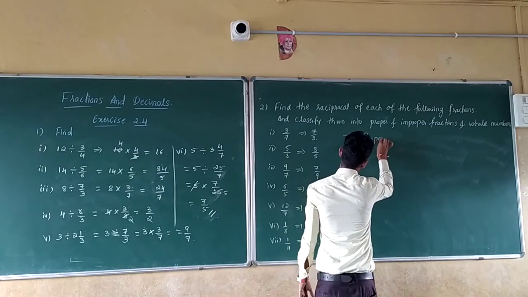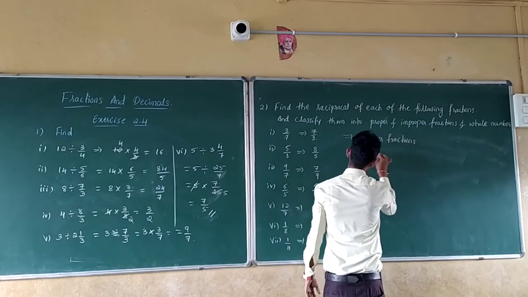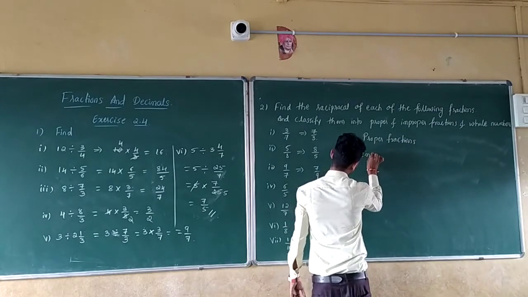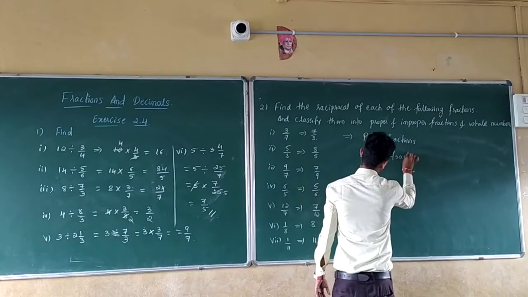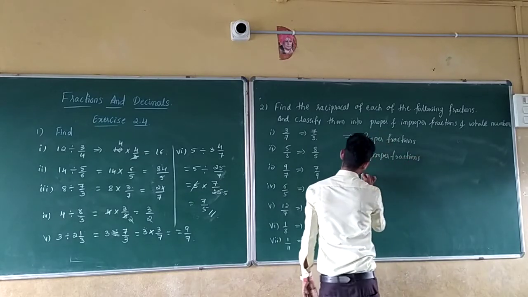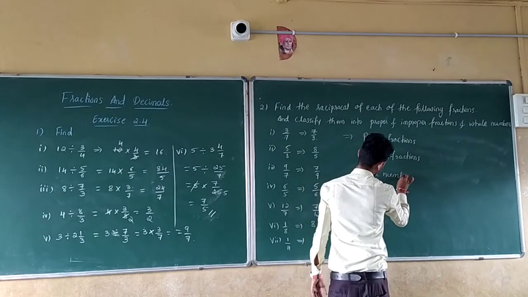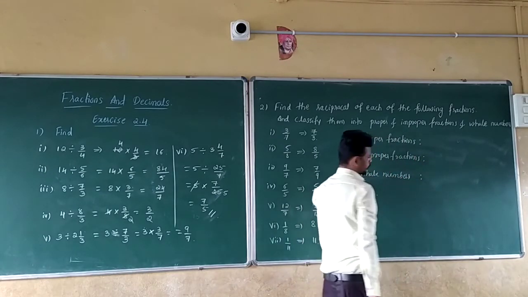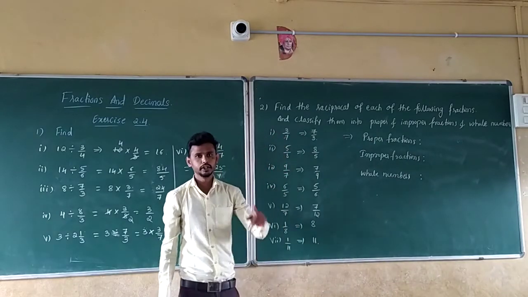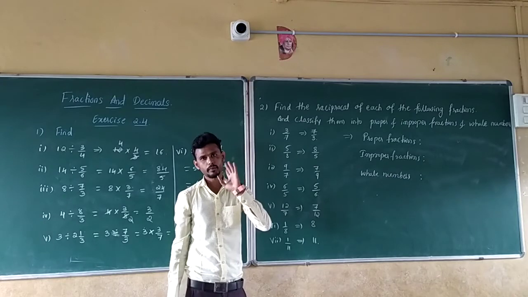Proper fractions, improper fractions, and whole numbers. A proper fraction means the numerator is less than the denominator; such fractions are said to be proper fractions.